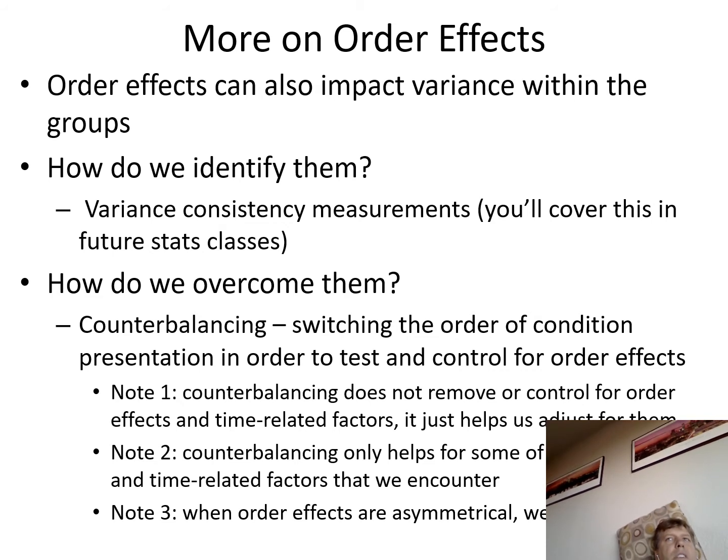One thing that you can do to get a signal of these carryover effects is this inconsistency in what we call the variability of our groups. We talked about this in our between subjects design as a potential concern, where there might be a ton of variation in scores in one group and just a small amount of variation in the other.